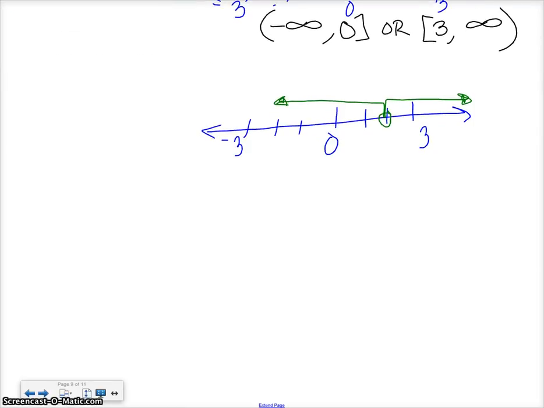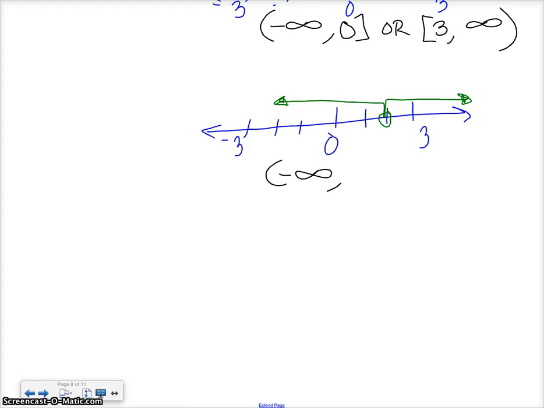Okay, next. Where do I start with this one? I start at negative infinity. Now maybe it's a struggle knowing how do you know that's where you start? Well, notice there's no real number. It's just an arrow. So an arrow just keeps going and going and going. That tells me I'm going to start at negative infinity.